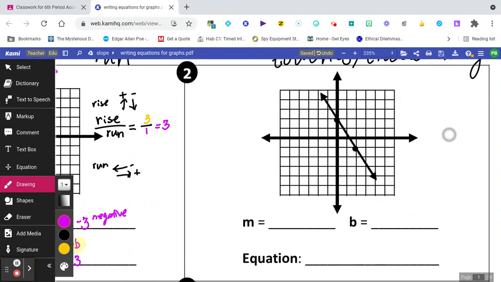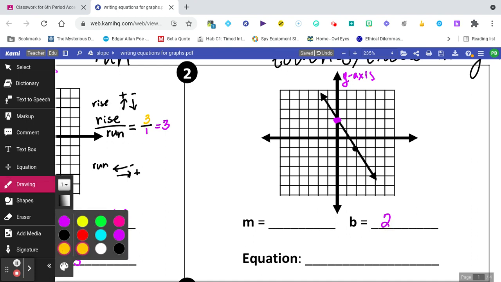All right. If you take a look at 2, I'm going to pick out b first. It's the easiest thing to do. B is this point right here. It's where the line touches the y-axis again. And that will be at +2 on the y-axis. I'm going to calculate the slope. I'm going to use that point.